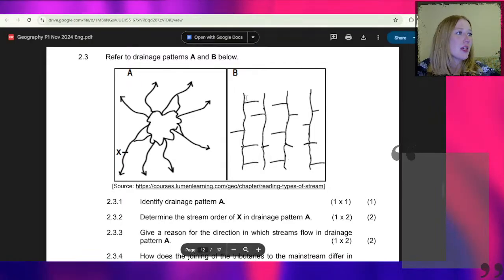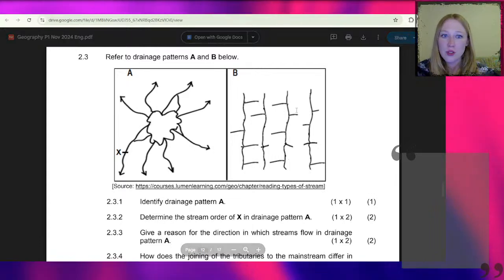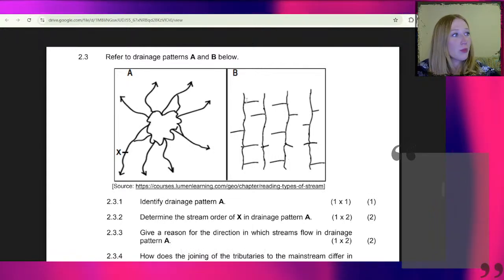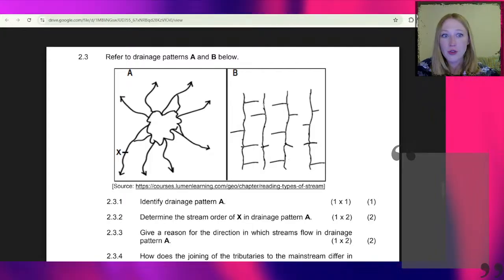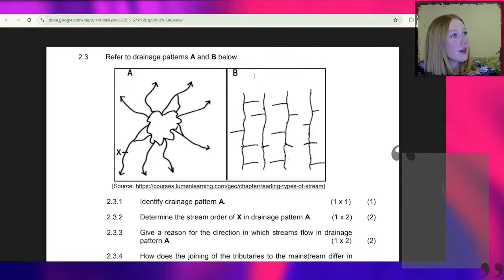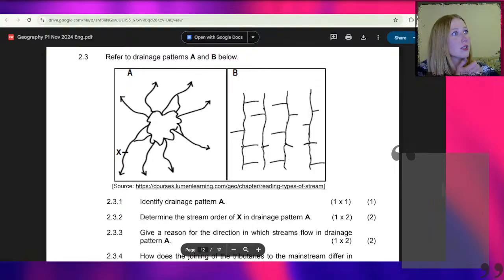So I'm going to say we've got alternating layers or strata of rock and probably fault lines perpendicular to those main layers, and that would contribute to this.